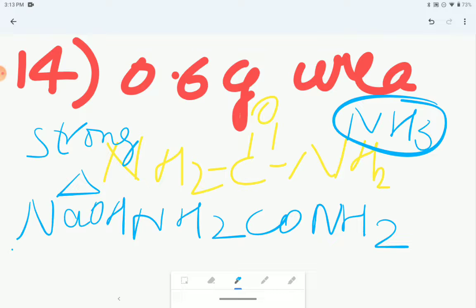This liberated NH3 will combine completely with which of the following HCl solutions? That means 0.6 grams of urea on strong heating with NaOH gives us NH3. The product is NH3.